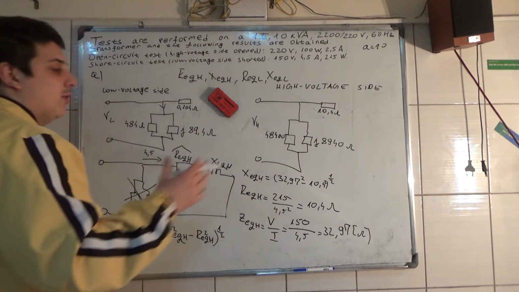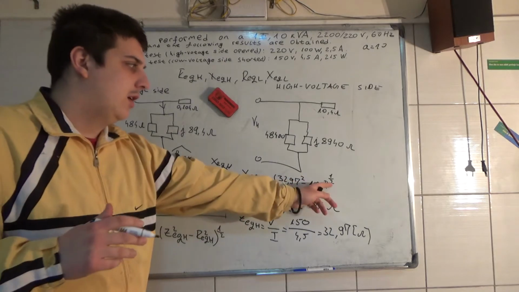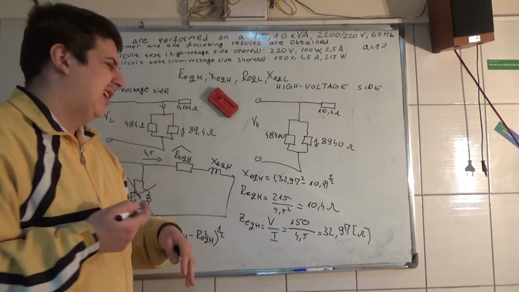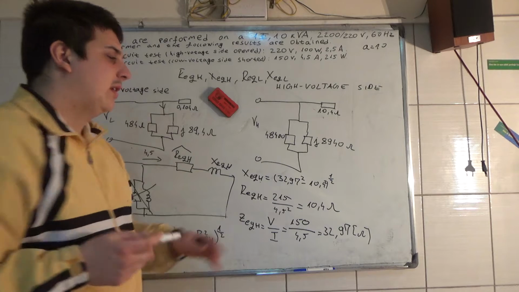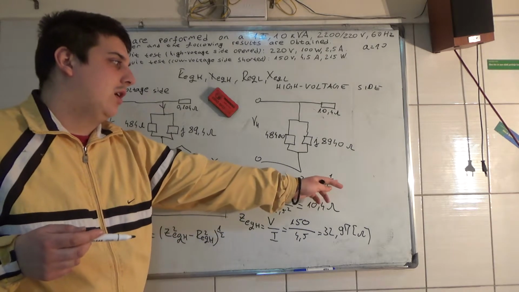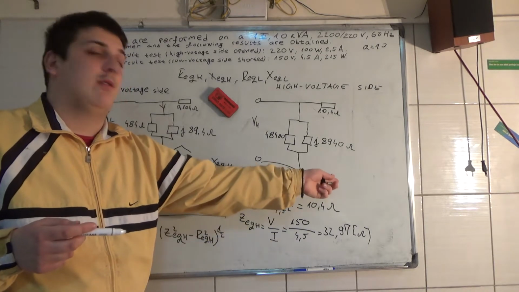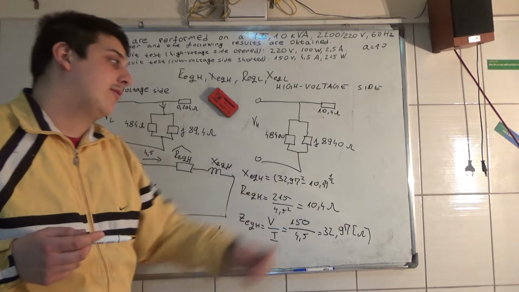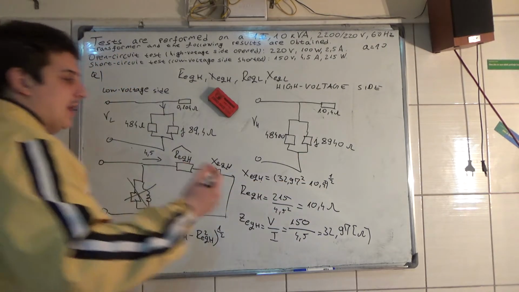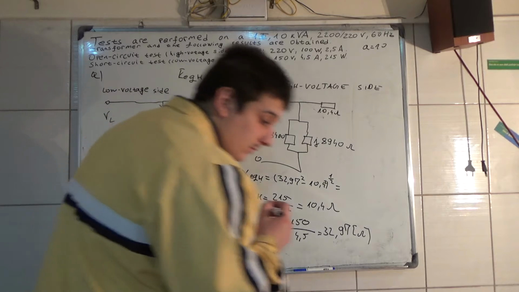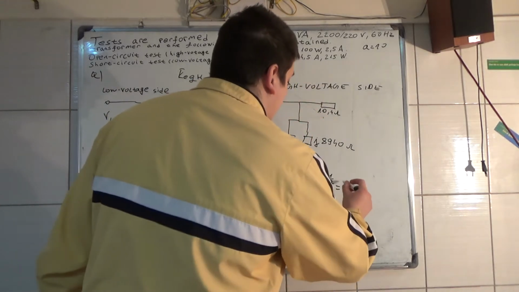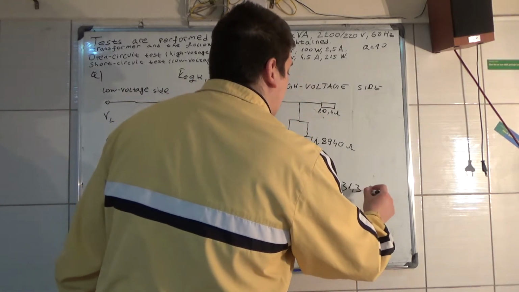So it's a square root. It's hard to draw the square root, so we just put that all of this is to the 1/2. And when you calculate this, you get 31.3 ohms.